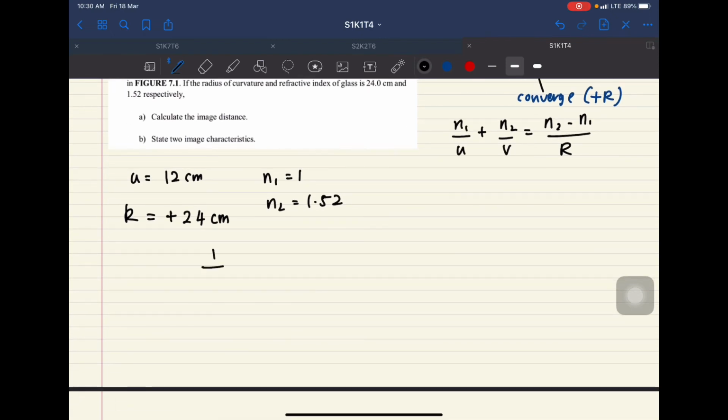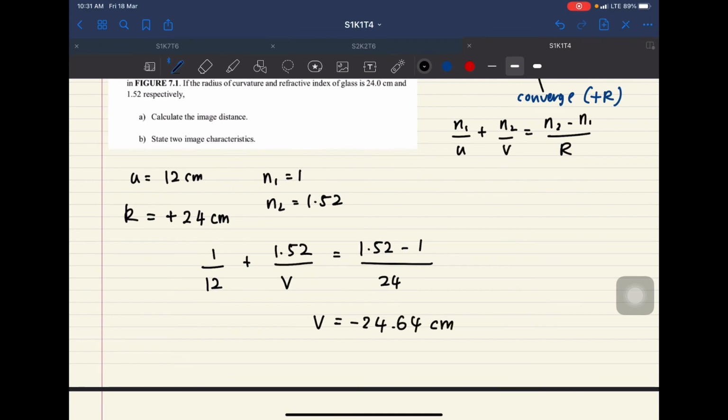N1 is 1 over 12 plus 1.52 over V equals to 1.52 minus 1 over 24. Okay. Normally I would solve the right hand side first. So my V here is equal to negative 24.64. Okay. So again, the negative here means the same thing, that the image formed is virtual.